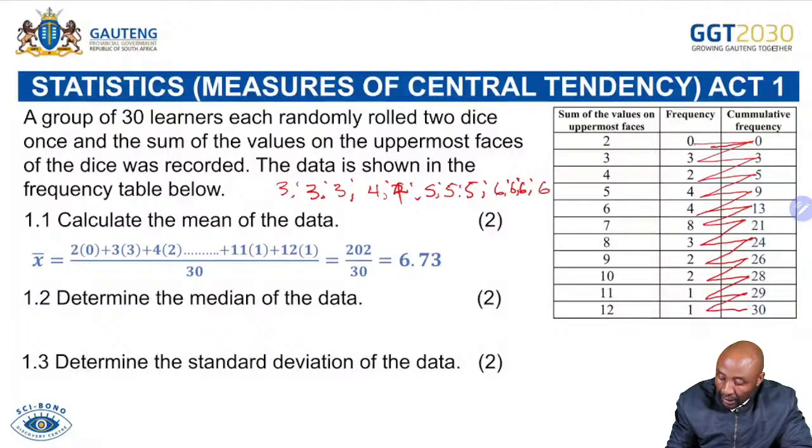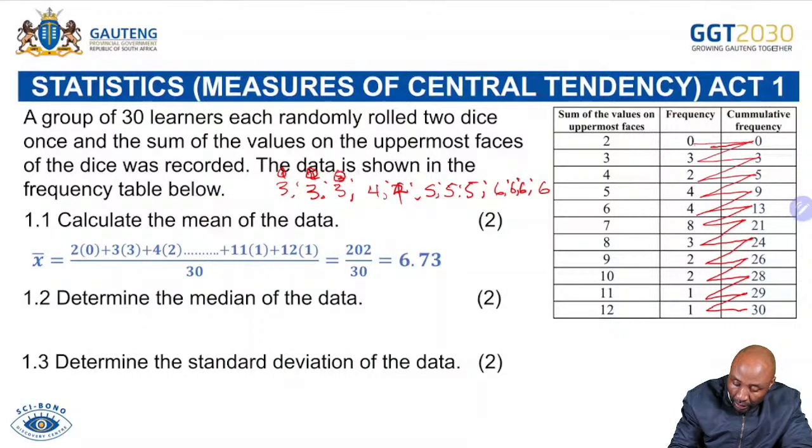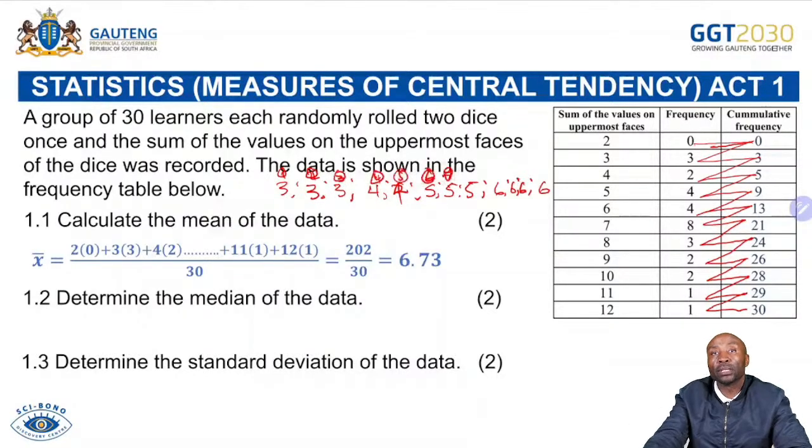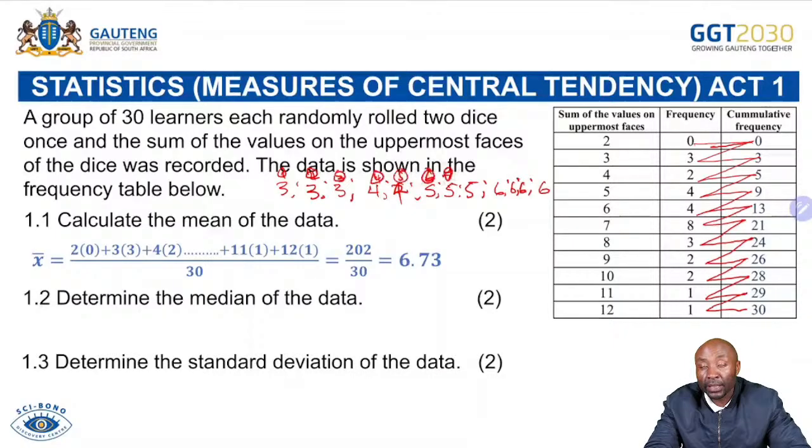I'm arranging it in ascending order, but this becomes so time consuming because if you jump 1 6, it means you have to start afresh. So we position our data items from position 1, 2, 3, 4, 5, 6, 7 until position number 30.